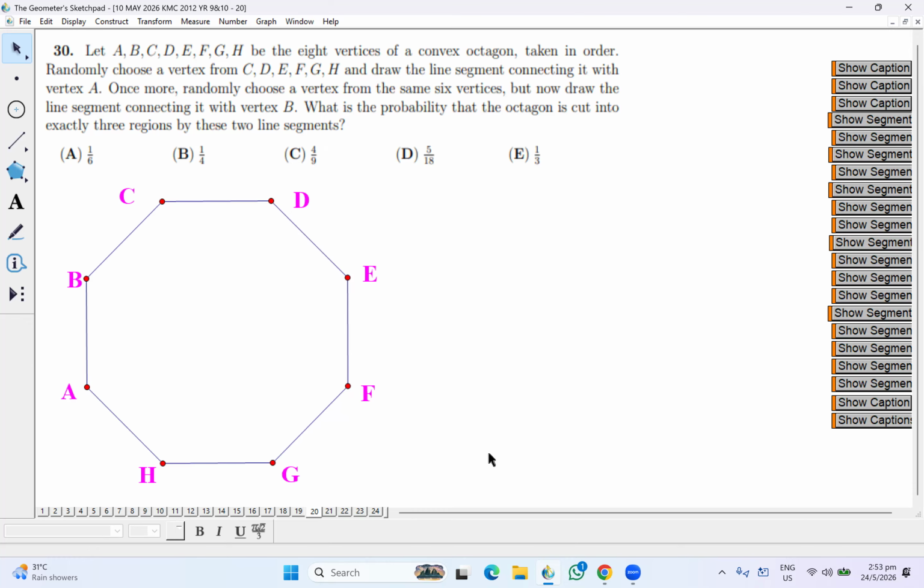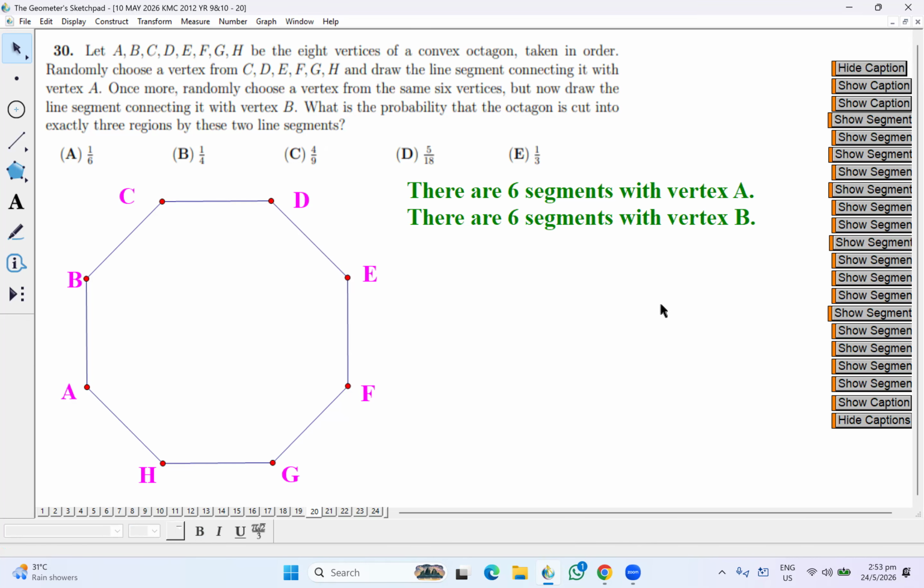So we start with one. If we got 6 choices to join to A, C, D, E, F, G, H, B not included. You choose join to A. So this you choose one only. Then after that you join to B, also got 6. You choose one. So total 6 times 6.